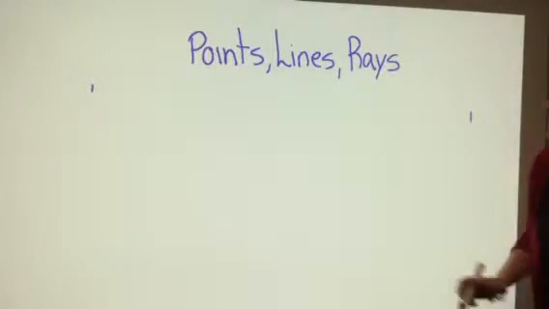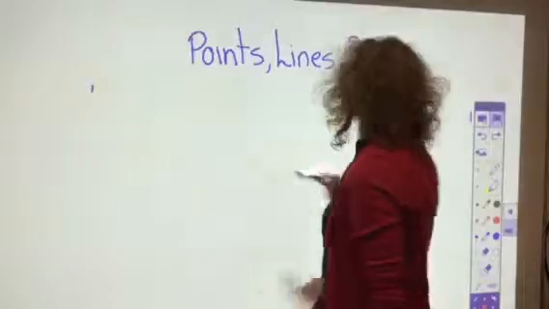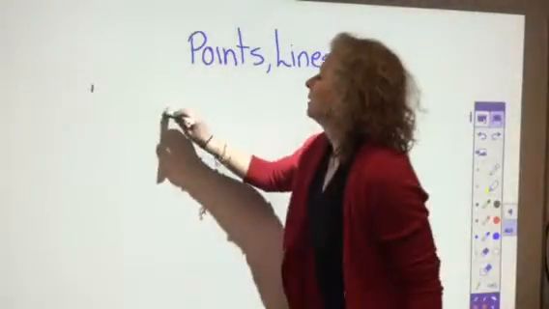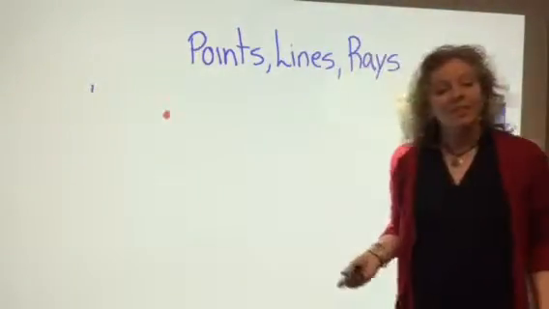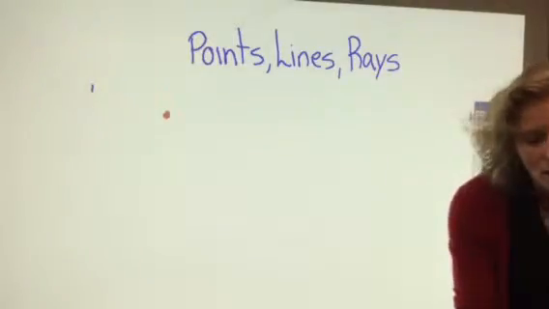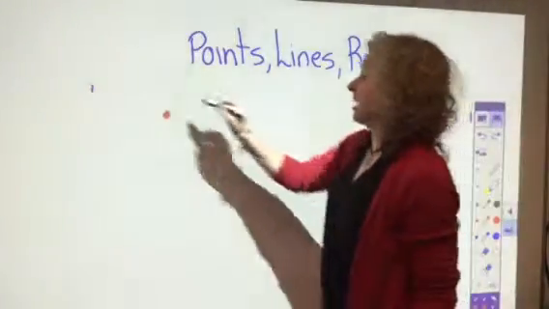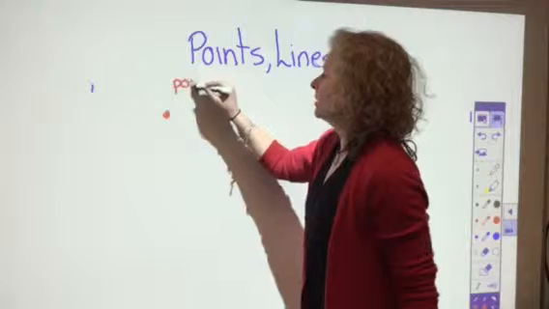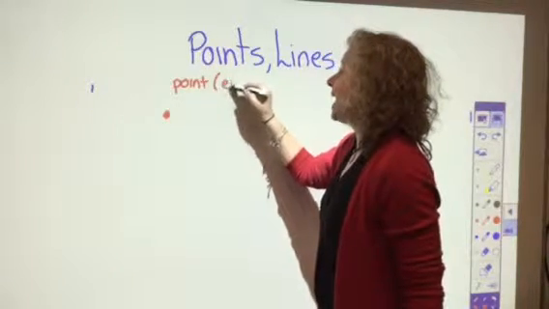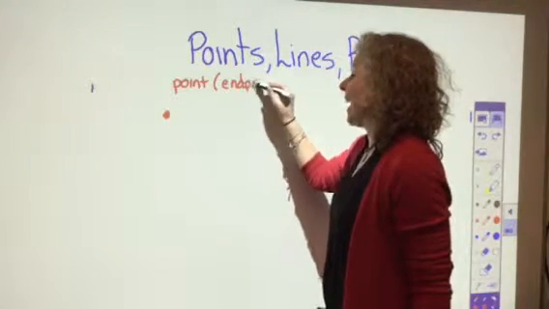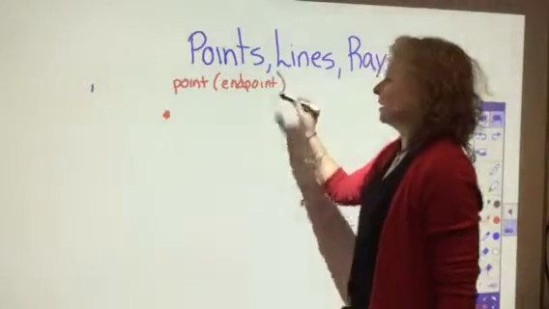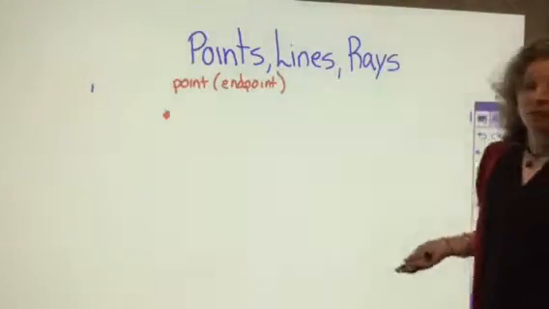When we look at this, a point, oops, would help if I had a little ink. That's a point, okay? Sometimes it's called an endpoint, if it comes at the end of some sort of line. It's just a point, and we need to be able to call them something.